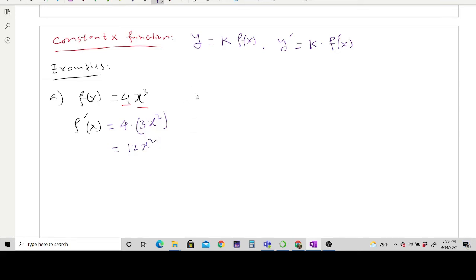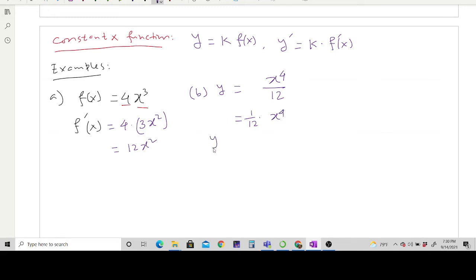Okay, now second example, y equals, let's say, x to the 4 divided by 12. You see, this is a constant times a function, but we write it as a function divided by a constant. But we can rearrange this as a constant times a function: 1 over 12 times x to the 4 is the same thing.